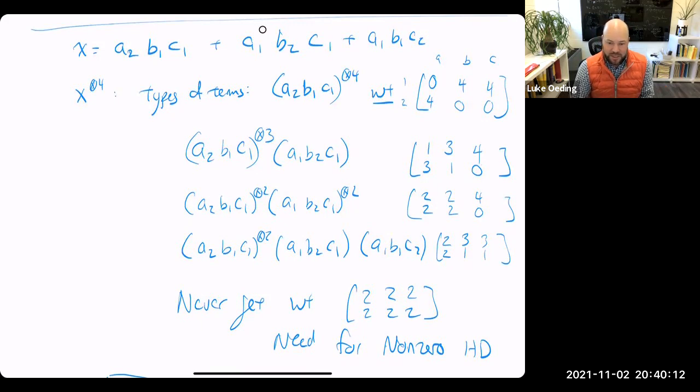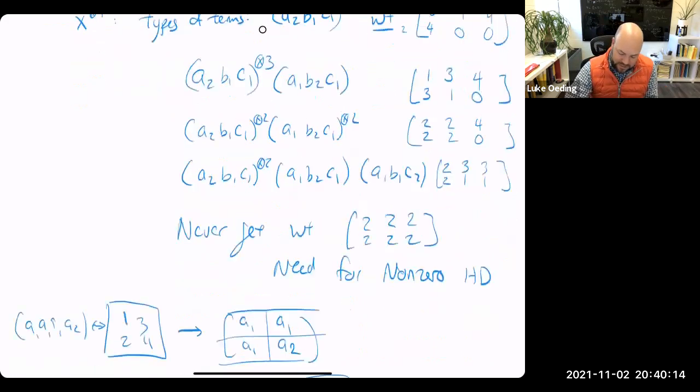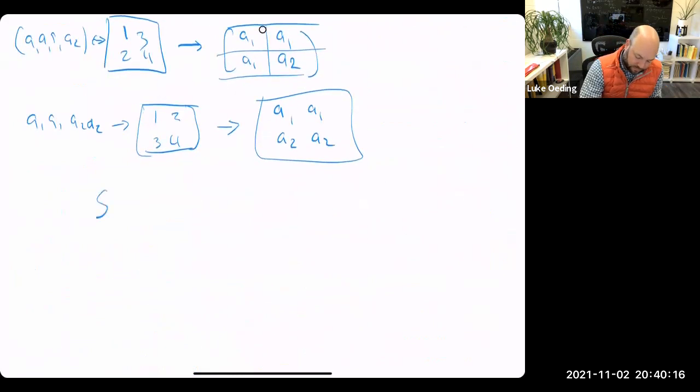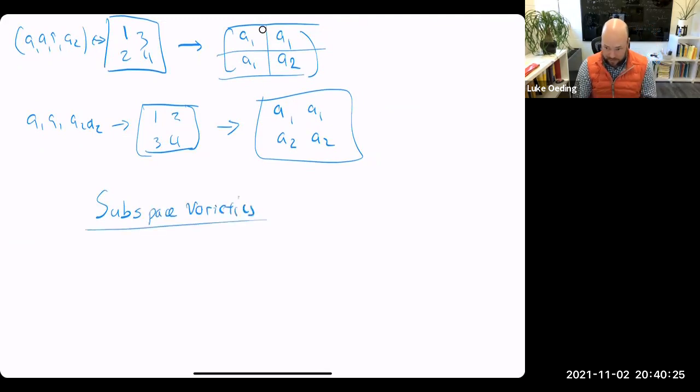If you had some description like this, there's a few other cases where this is known. So the subspace varieties and things like this, we can do a similar kind of trick if you know about subspace varieties.